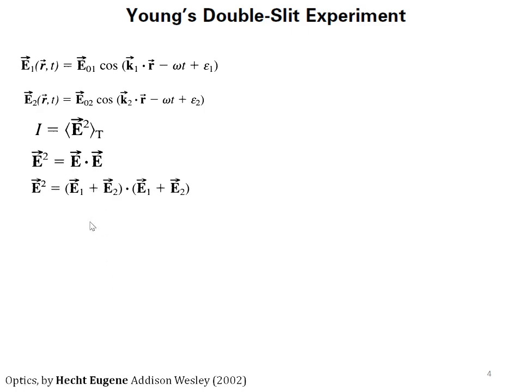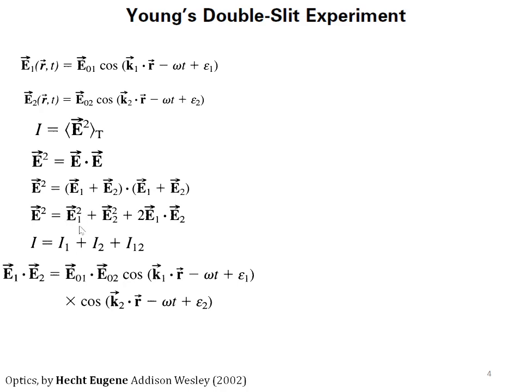So if there are only two waves which are superposing, then E square will be E dot E, which is just a very simple dot product of the two vectors. We can find it out, and we can represent it in terms of intensity: I is the total intensity, I1 plus I2 plus I12, where I1 is the first term coming from this part.